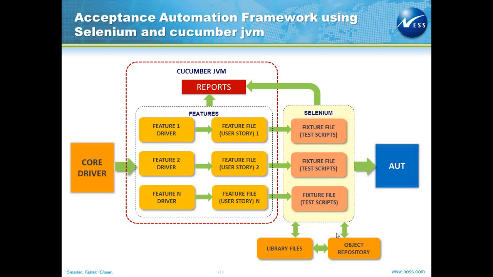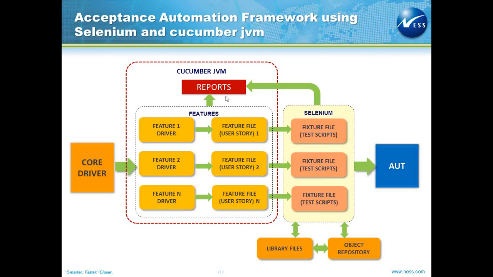If any automation engineer is well versed with the automation tool being used, he should be able to write at least 80 to 85% of the code before the screen is delivered. And this is the only way that you can actually implement automation within the sprint.